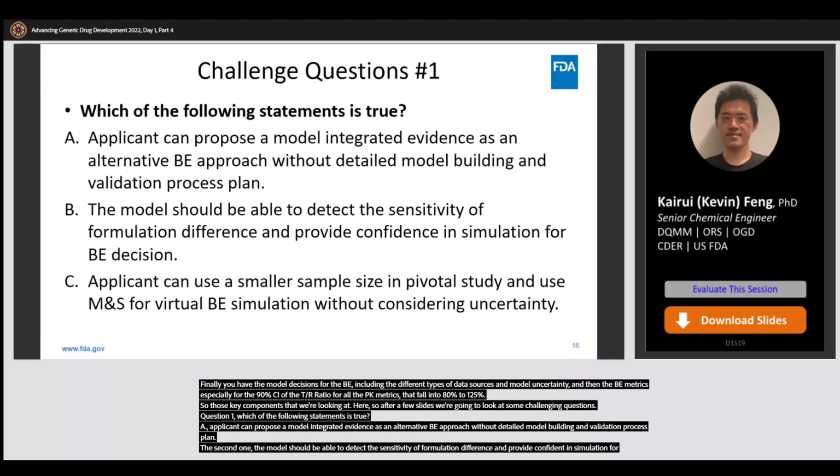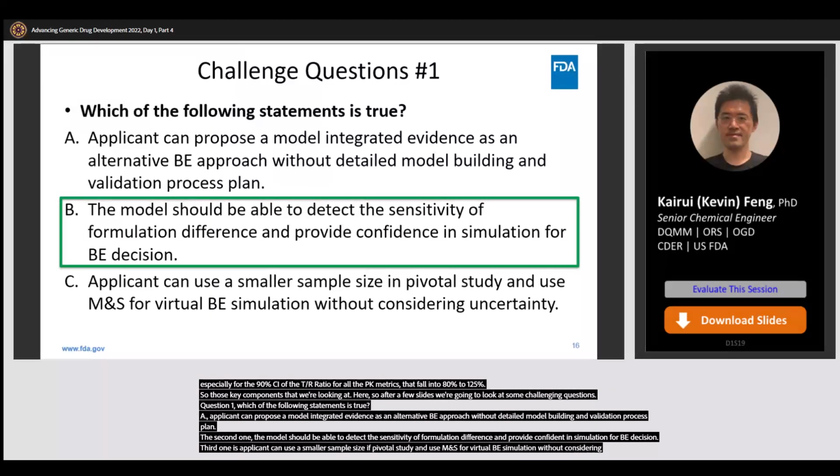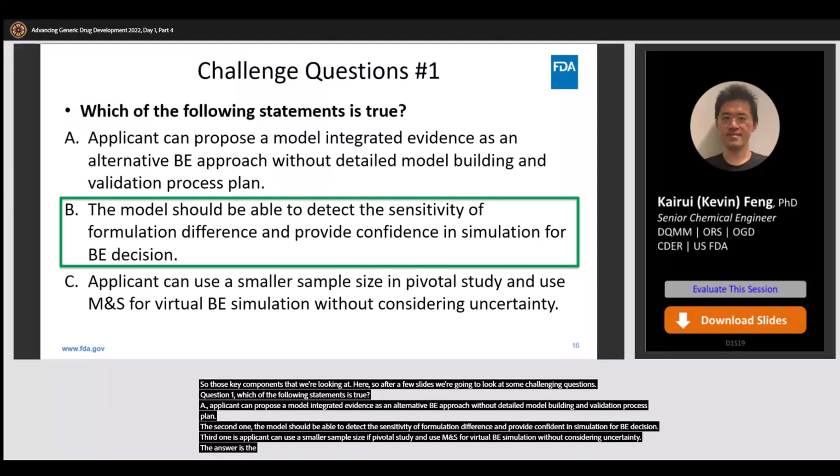C, applicant can use a smaller sample size in a pivotal study and use M&S for virtual BE simulation without considering uncertainty. The answer is the second one, B. The model should be able to detect the sensitivity of the formulation difference and provide confidence in simulation for BE decisions.